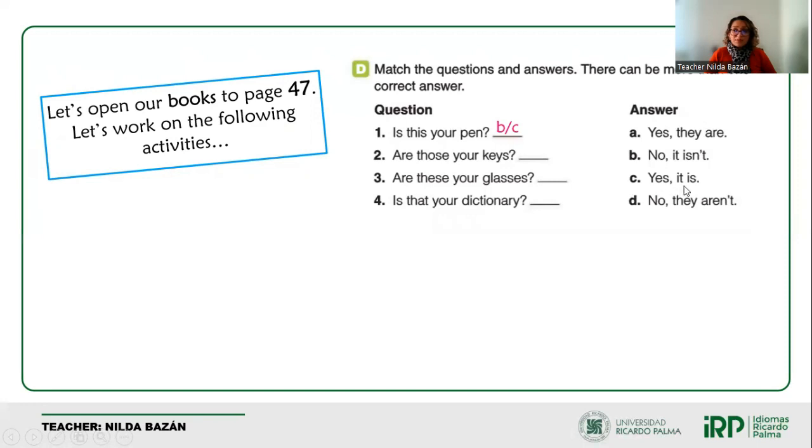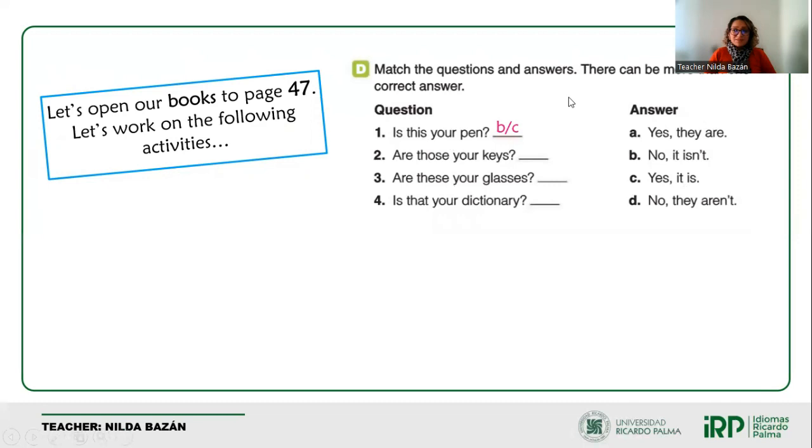letter C. I'm going to give you some seconds for you to do this activity. Otherwise, you can pause the video until you finish, and then we can check our answers together. Go ahead. All right.